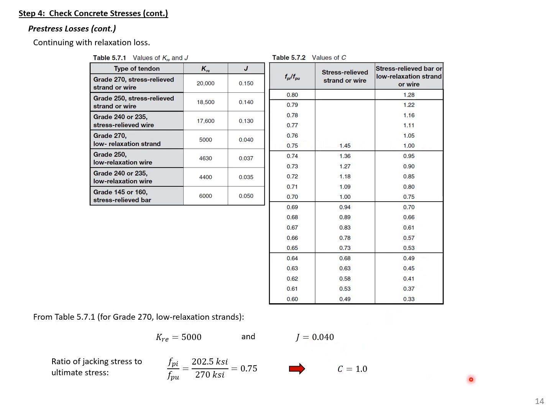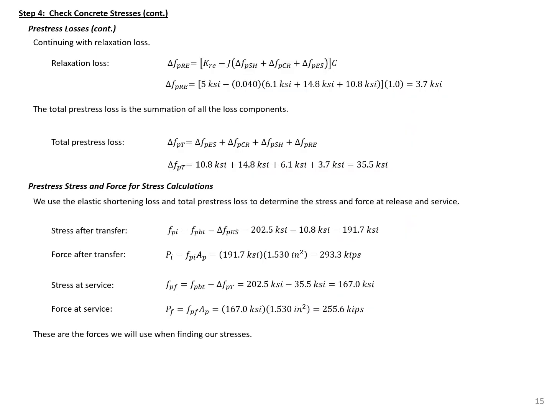So we can get those constants as shown here. Plugging all of our values into our relaxation equation, we can find a total relaxation loss of 3.7 ksi. And then we can add together all of our different losses here to get our total pre-stress loss of 35.5 ksi.